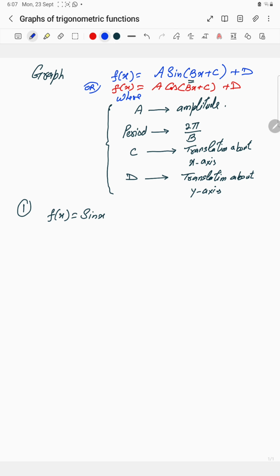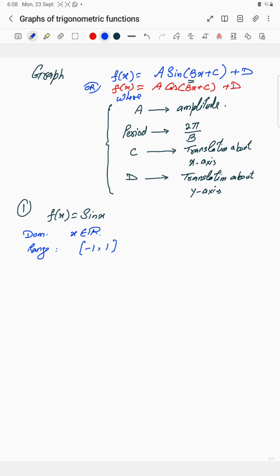And before we start, we should know about the domain and range. As we know, the domain is x belongs to the set of real numbers, and the range will be from -1 to 1, which means it will fall between -1 and 1.